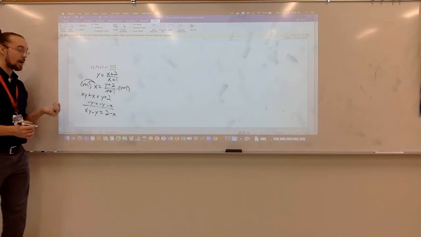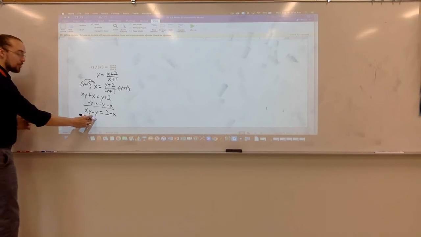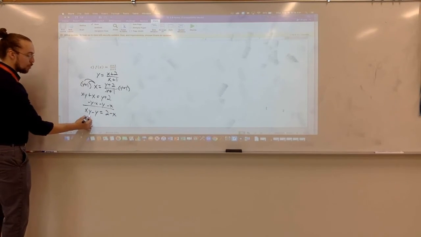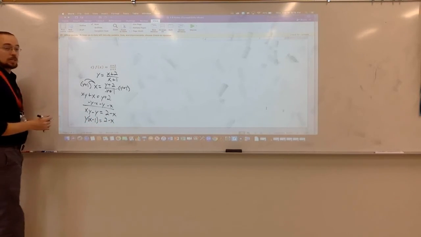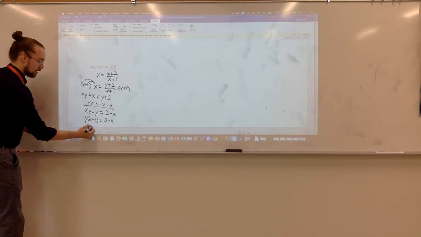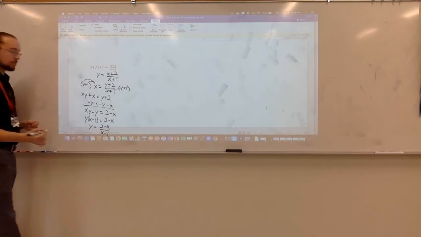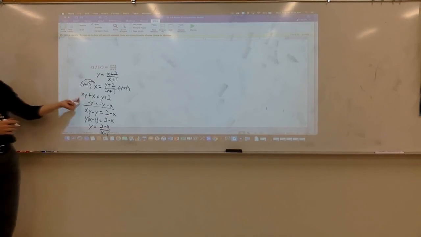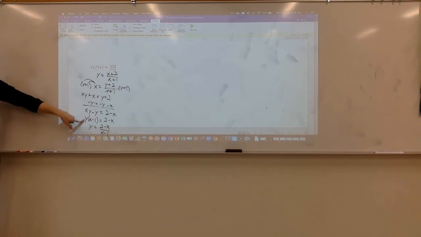So get all of the y's on one side, everything else on the other. Now the reason I do that is I can factor a y out of everything over here. Now I can divide both sides by x minus 1 and get y equals 2 minus x over x minus 1. So the key to solving something like this whenever I have multiple y's is getting all the y's on one side, everything else on the other, so that I can factor a y out.